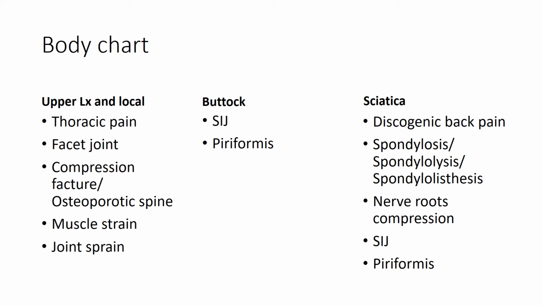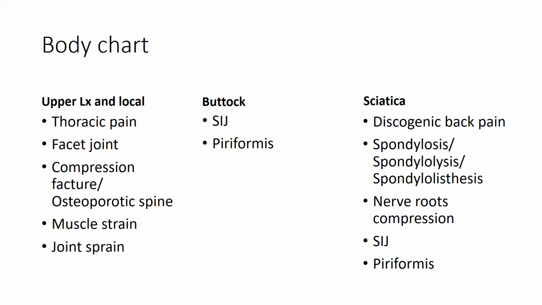And you may also think, is there a possibility of nerve root impingement, because the buttock dermatome refers to the lower region, mainly L4, 5, or even S1, 2. So you can simply consider SI joint origin. Sciatica, or you can also think this referral pain is not necessarily sciatica.